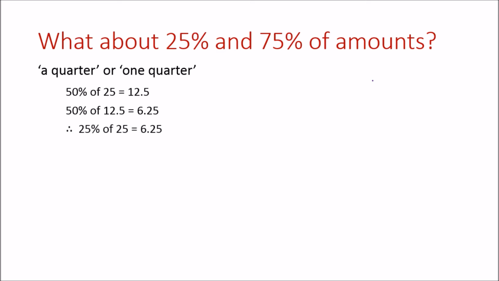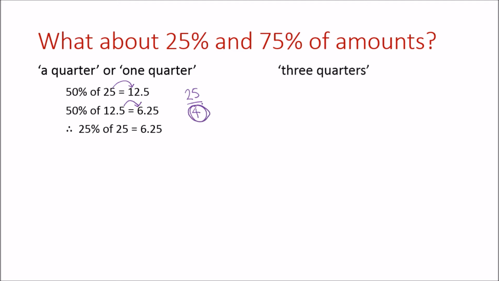So ultimately, 25% of 25 is 6.25. So instead of going straight from 25 and splitting it into 4 parts to get a quarter, we've really taken the 25, split that into 2, and then taken that 12.5 and split that again into 2, essentially splitting the 25 into 4.